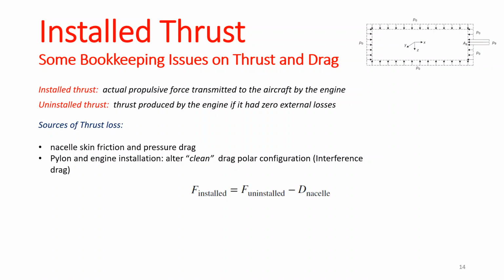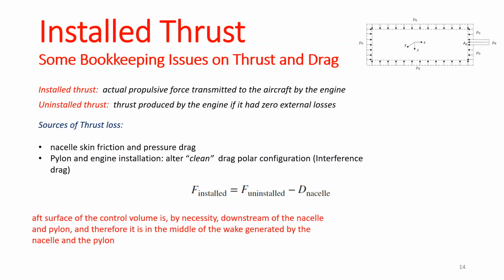And eventually we can simply formulate the installed thrust like this. Installed thrust is going to be equal to the uninstalled thrust minus whatever losses you may have because of the friction and pressure drag on the nozzle, and the pylon engine interference drag, essentially.